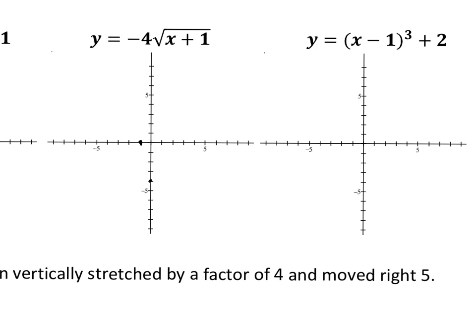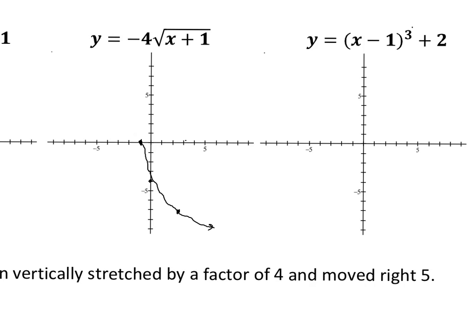Square root of 4, 2. 4 times 2, -8. Did I say 6? I said 8. I said that, I'm like, okay, no, didn't sound right. -8. And there's our graph. So notice it flips it over the x-axis, and then that really stretches it out. Okay?